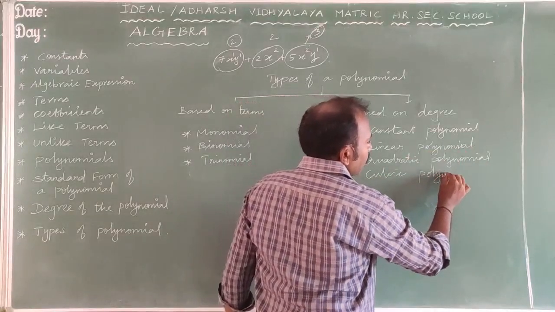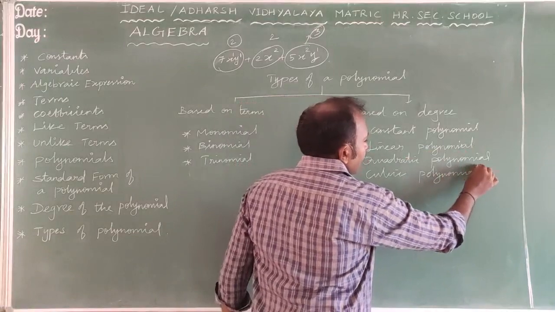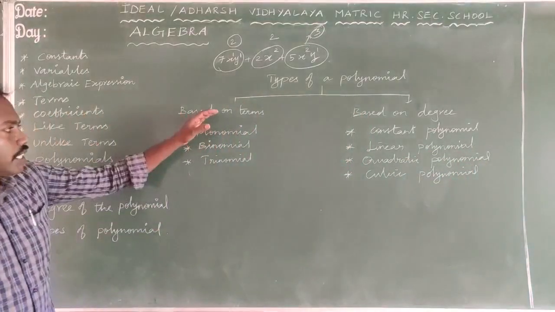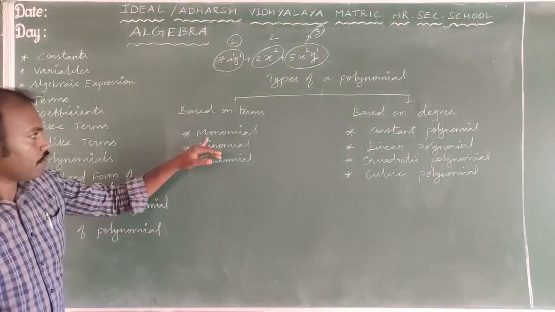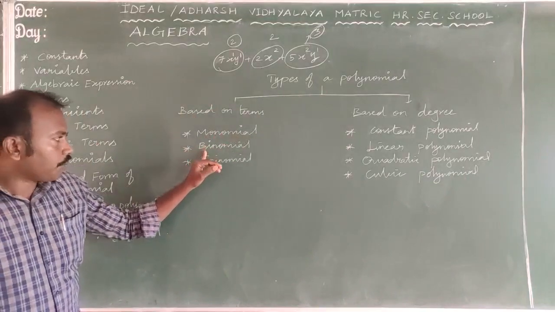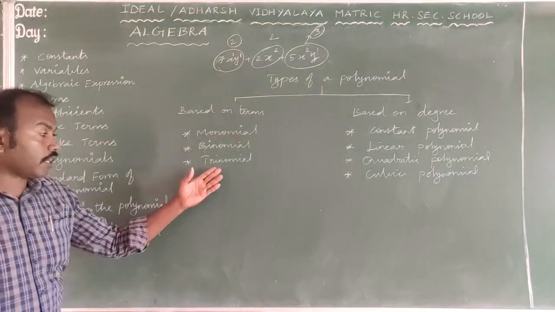Right. Then based on terms, we have three types: monomial, binomial, trinomial.